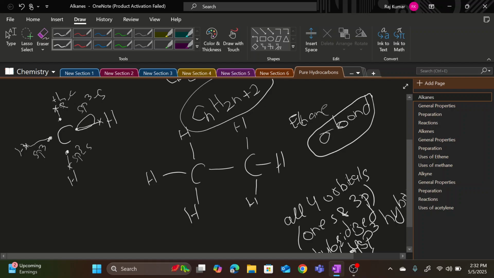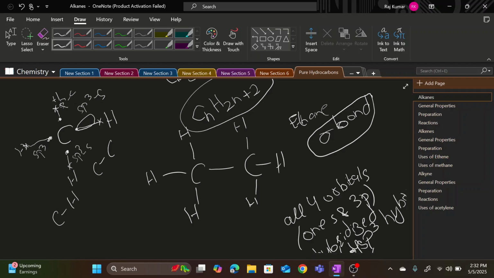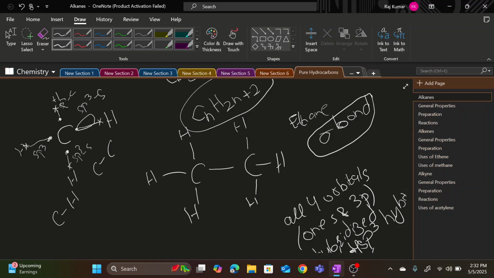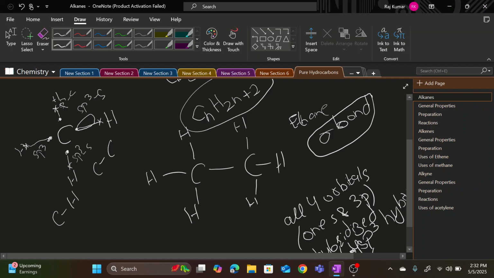And if I'm going to compare the carbon to hydrogen bond in alkane with the carbon to carbon bond in alkane, then the bond which would be stronger would be the carbon to hydrogen bond.